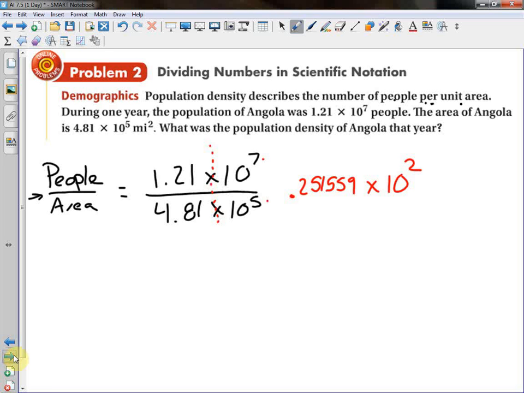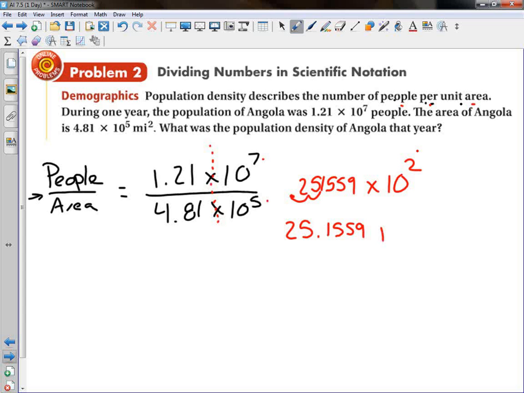Now, we could write this in scientific notation, but if I want to move the decimal places, this is a positive 2. That means I'm going to make this a bigger number. 1, 2. I get 25.1559, and this is, remember, people per area, right?